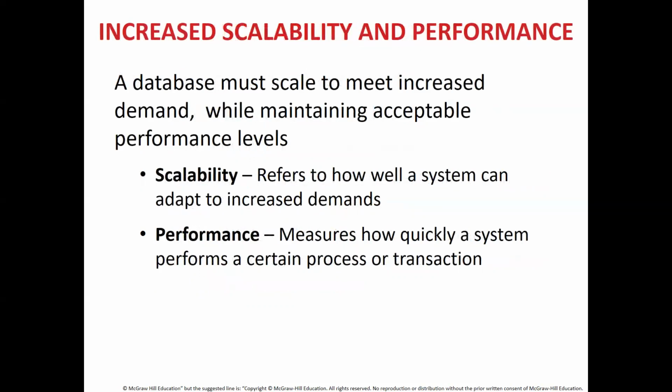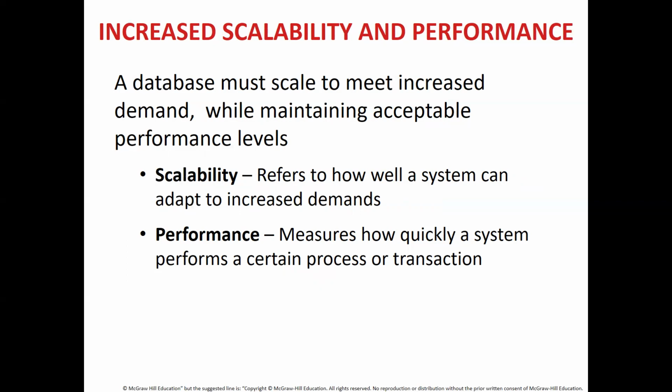Now, increased scalability and performance. Our database must scale to meet increased demand while maintaining an acceptable performance level. Scalability refers to how well a system can adapt to increased demands. We had a look at the definition of scalability in the previous lectures as well.